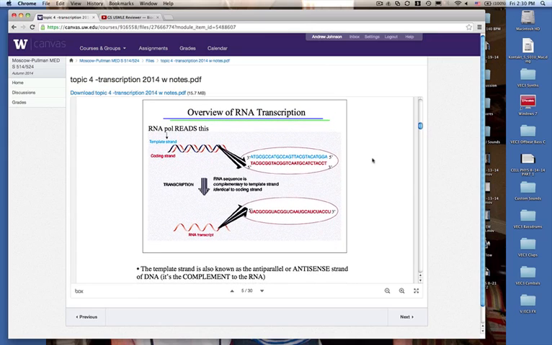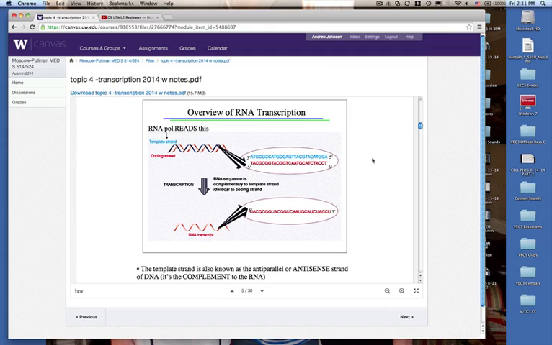Okay, let's think about this, right? In our concept of plus strand, minus strand, antisense strand, coding strand, template strand, sense strand, we've got lots of different terms for the exact same thing. So let's think about it for a minute. RNA polymerase, in general, is reading just one strand of the double-stranded DNA.